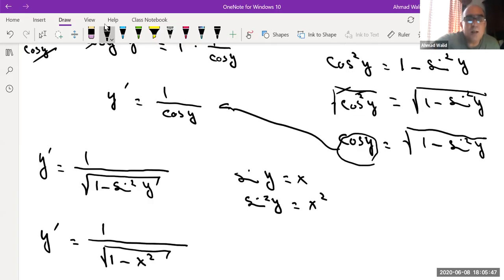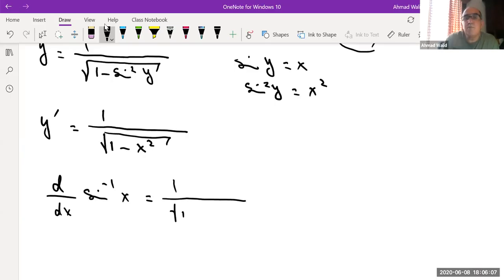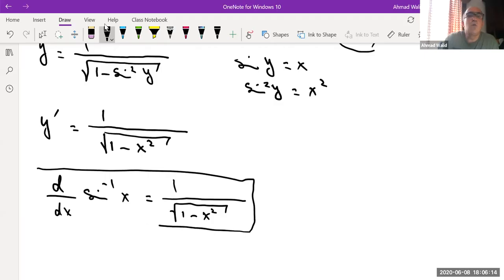Wow. What was your y prime? Your y prime was d over dx of inverse sine x, right? The derivative of inverse sine x then equals 1 over the square root of 1 minus x squared. You proved it, and this is formula number 1 for inverse trigonometric functions that you have to remember.